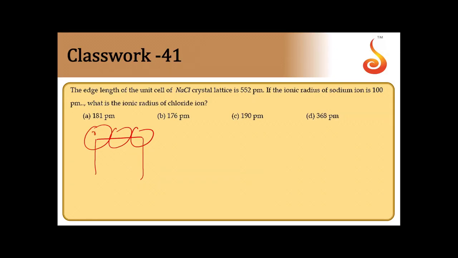Let us say this is a cation, R plus, and here R minus. This implies that the edge length a should be equal to 2R plus plus 2R minus, or else R plus plus R minus should be equal to a by 2. It means the sum of the radii must be equal to the edge length by 2.